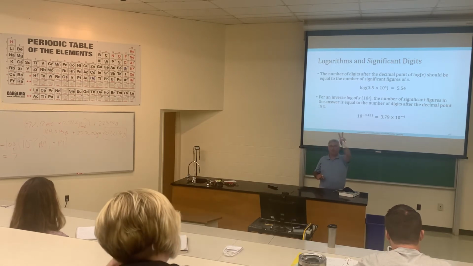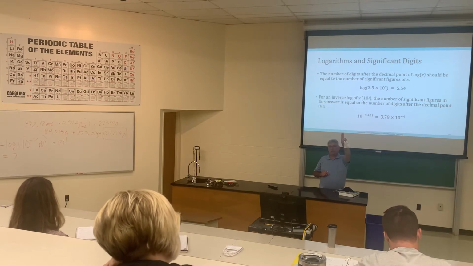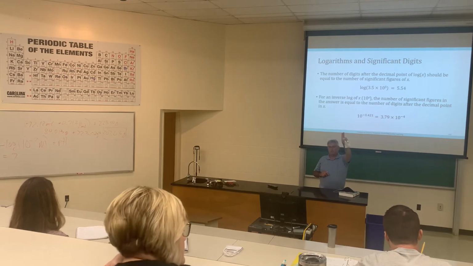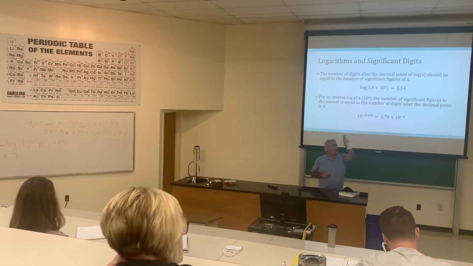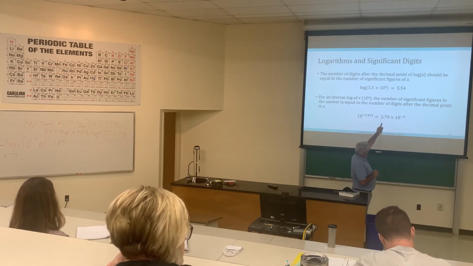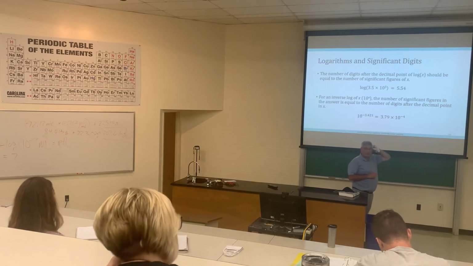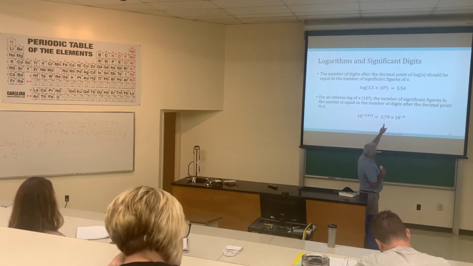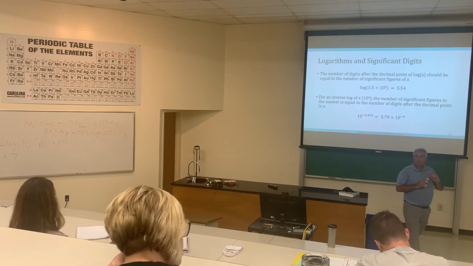The answer should have 2 digits right of the decimal place. If it were 3.50, how many digits would be past the decimal place? There would be 3. You guys with me?